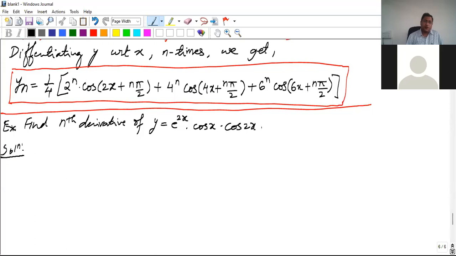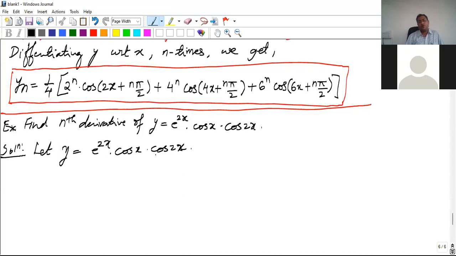Remember one thing, that first you have to simplify the function. Okay, then only think of the nth derivative. Directly don't think of the nth derivative. So let y is equal to e raised to 2x cos x cos of 2x.